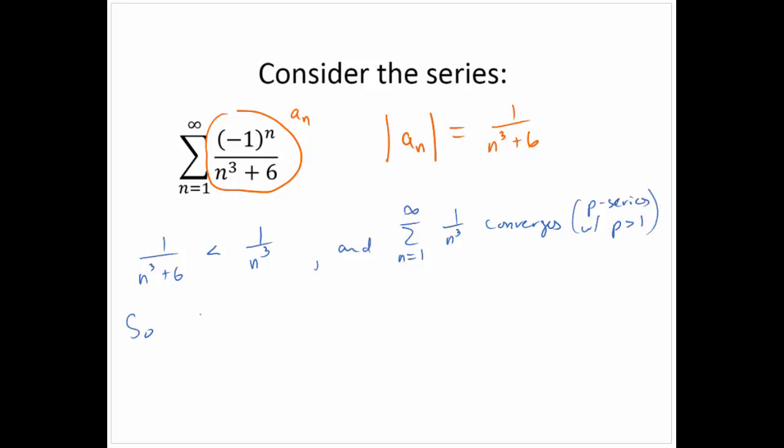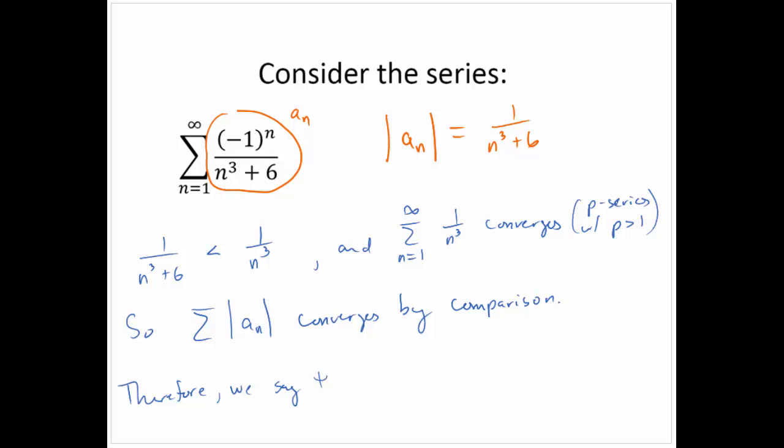So we know that sigma absolute a sub n converges by comparison. So therefore, we say that sigma n equals 1 to infinity of negative 1 to the n over n cubed plus 6 is absolutely convergent.